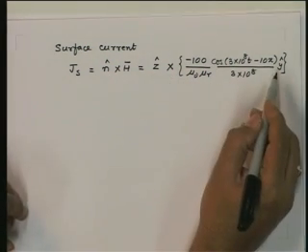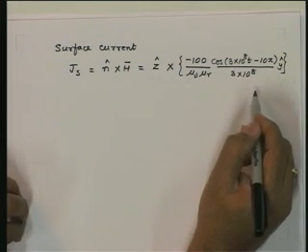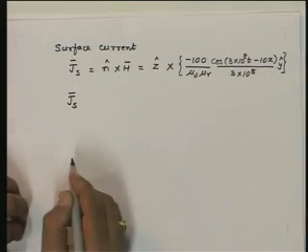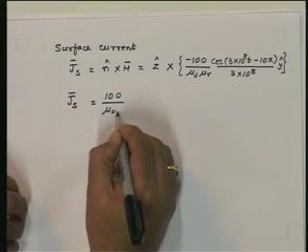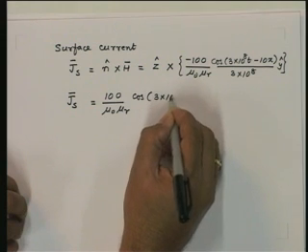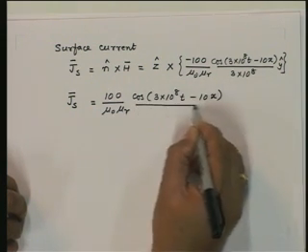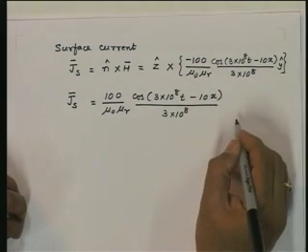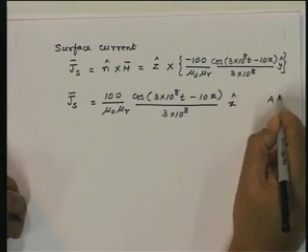Now, the z cross y will give the current which will be in minus x direction. So, the minus sign will cancel. So, you get the surface current Js, a vector quantity, equal to 100 upon mu 0 mu r cosine of 3 into 10 to the power 8 t minus 10x divided by 3 into 10 to the power 8, oriented in x direction, amperes per meter.